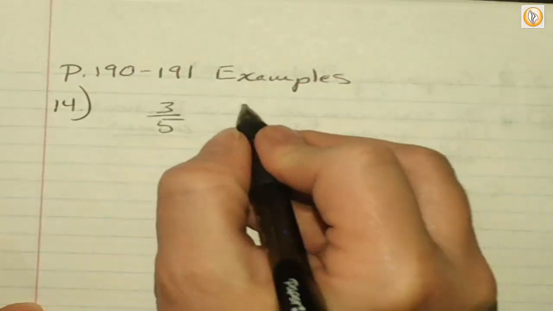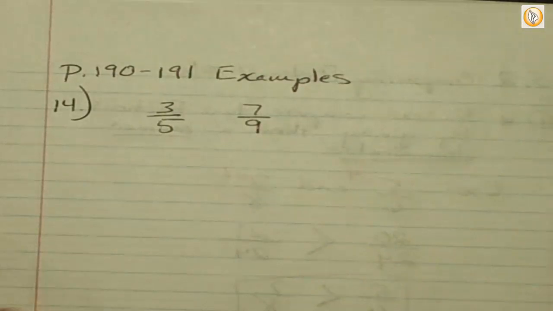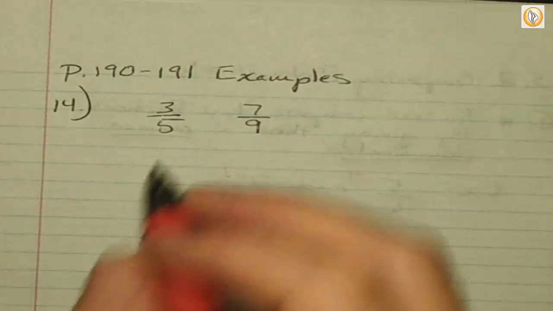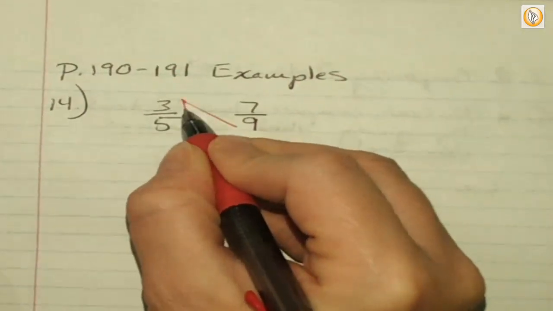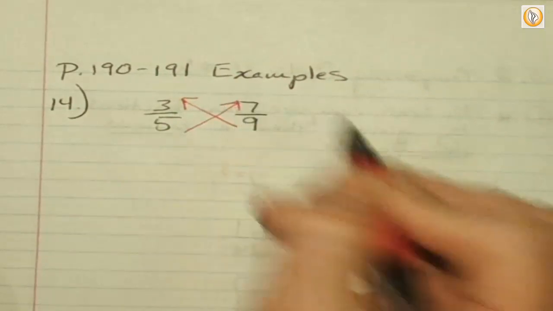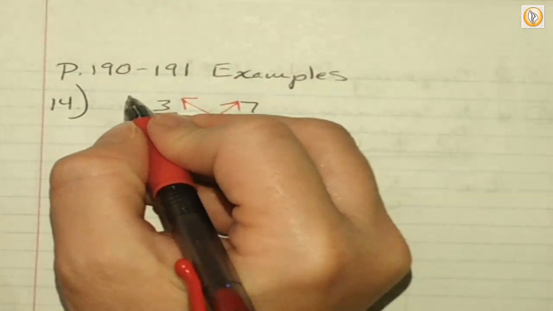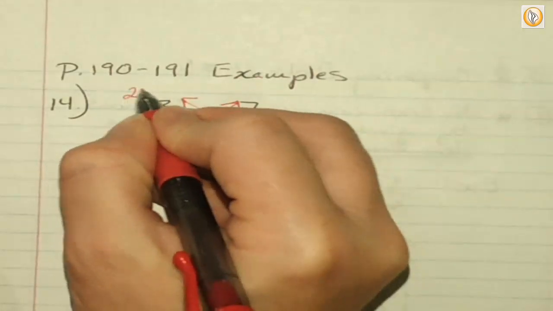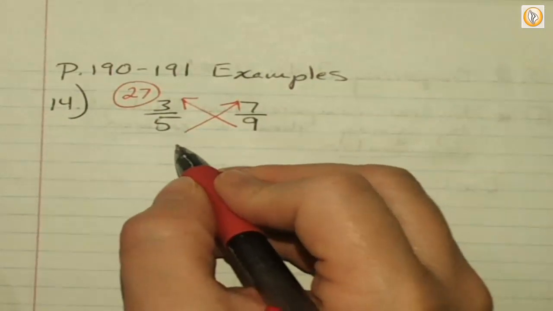So we have 3/5 and 7/9. So Michael, what do I do? Multiply the 3 and the 9. Okay, now draw my arrows going up, right? Okay, so 9 times 3. Michael, that's 27 on this side. Y'all better be writing this down just like this too.